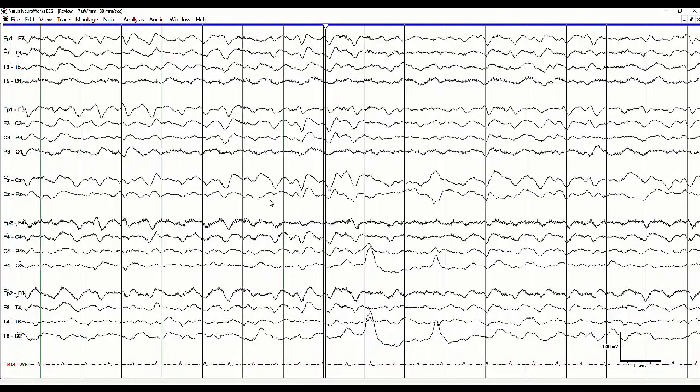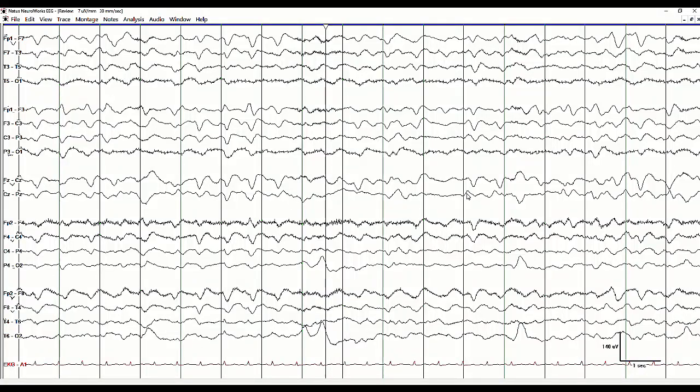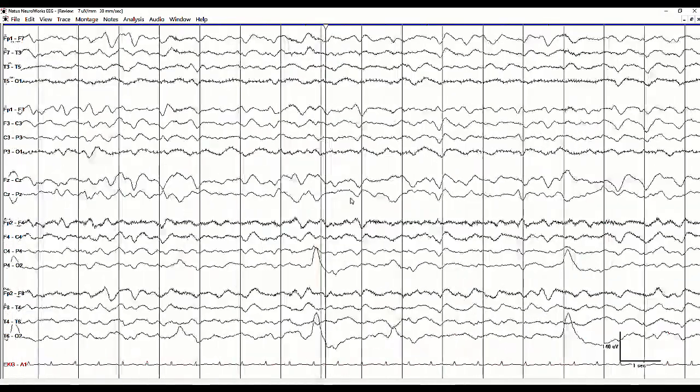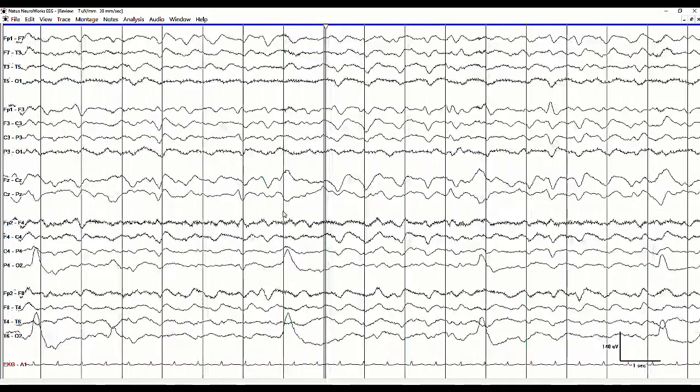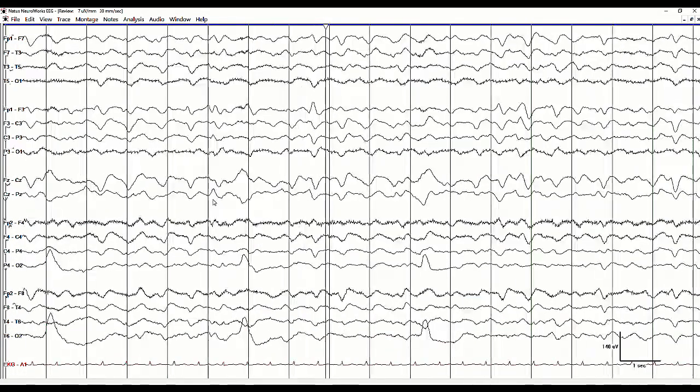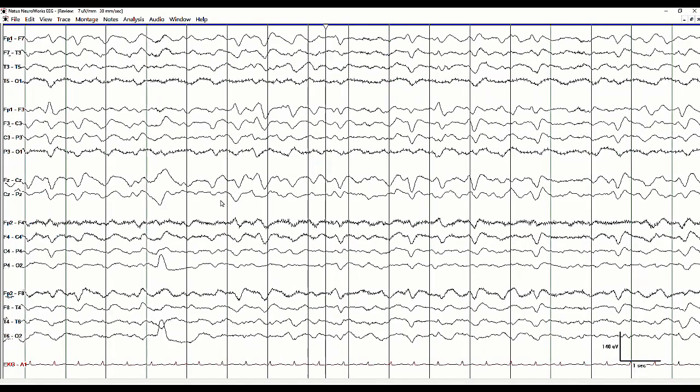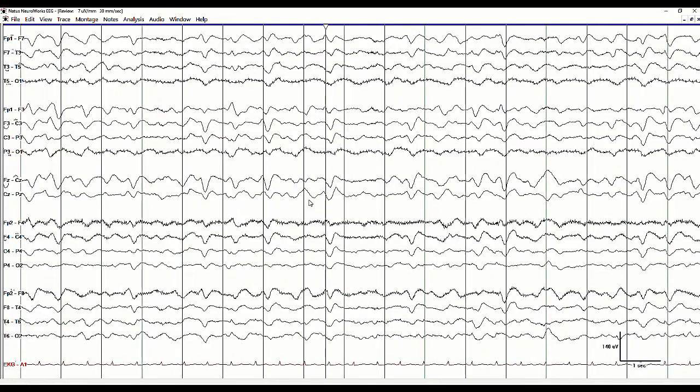And with GPDs that have that triphasic morphology, oftentimes you can see a reverse lag in the sense that the posterior electrodes will record the discharge just a few milliseconds before you move anteriorly. So it's just basically a reverse AP lag, reverse anterior to posterior lag.